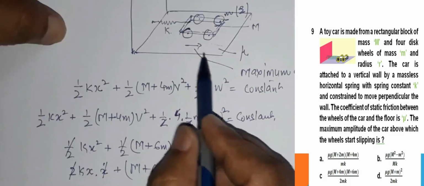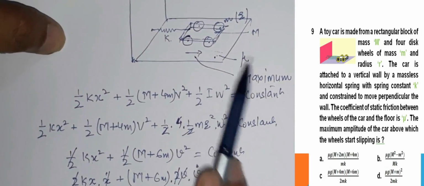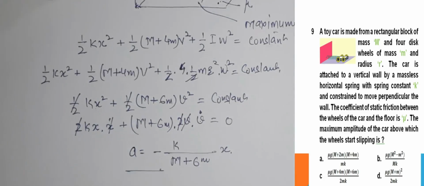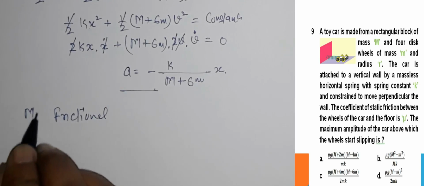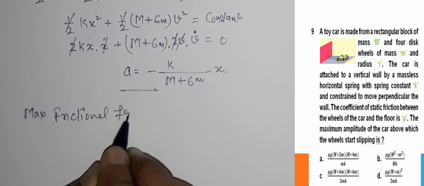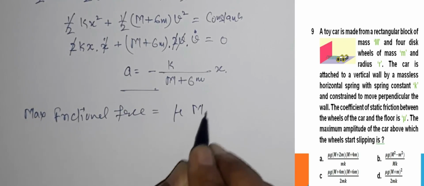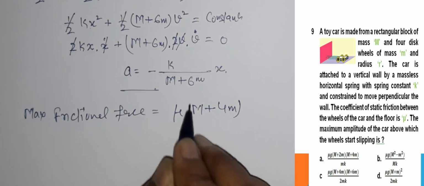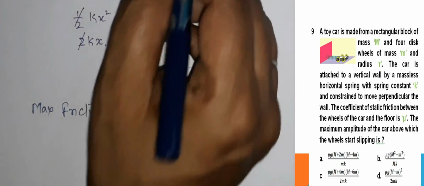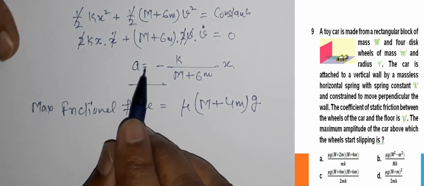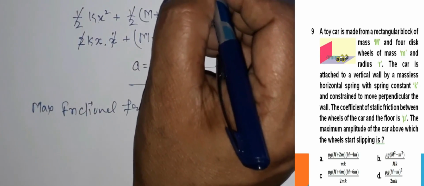Now we have to find the maximum amplitude at which the frictional force starts acting. First we find the frictional force. Maximum frictional force that can act here is mu into m plus 4m into g. And to find the restoring force, first we have to find the restoring torque, because the wheels are rotating.